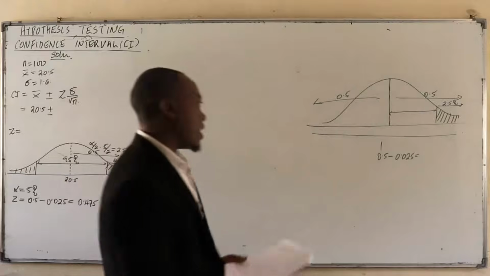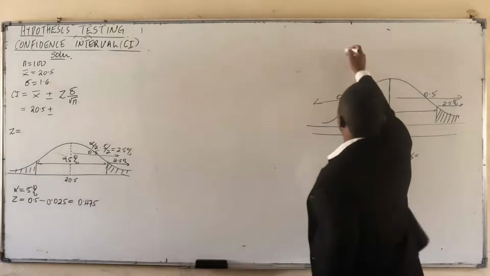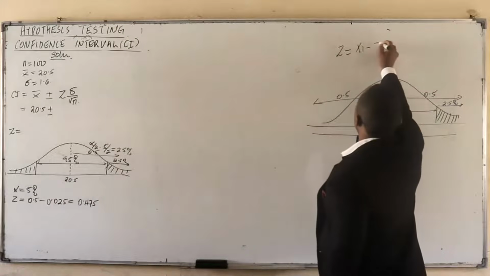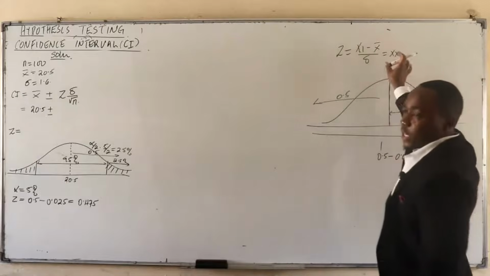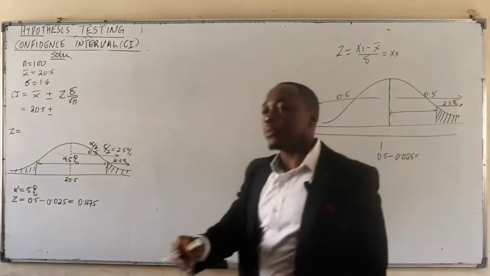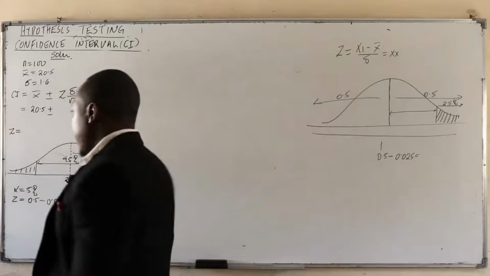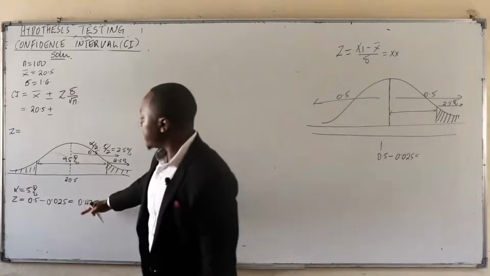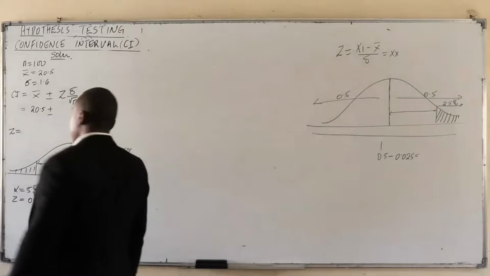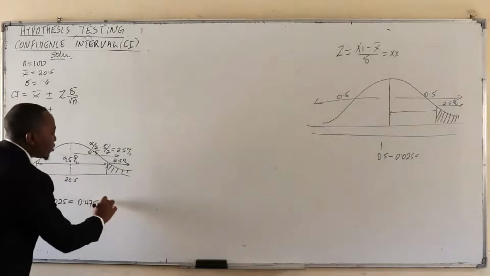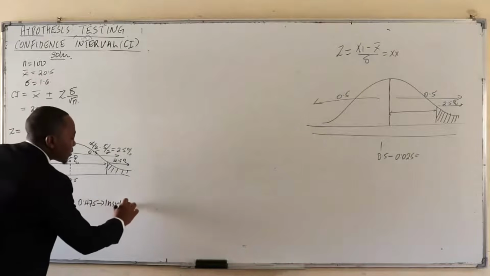Now, in our last class, we computed Z. Z is equal to x1 minus x bar over standard deviation. And then when we get the figure, to get the probability, we read from the table. Now, in this case, we have the probability itself. Now we need its Z. So how do we read this Z? To get the Z, you don't read it from the table, you read it inside the table.